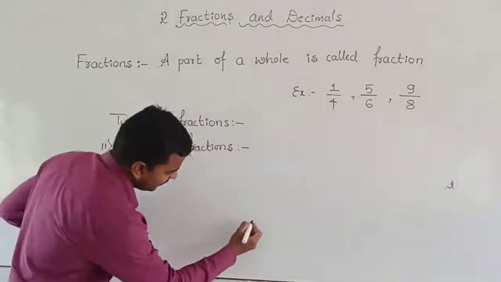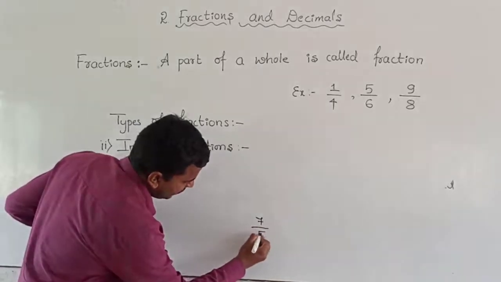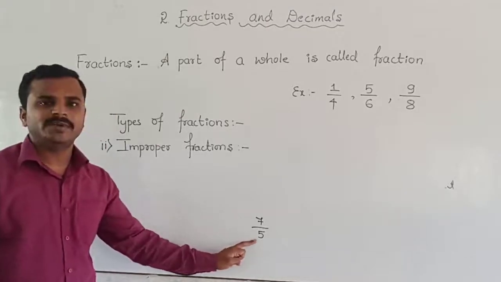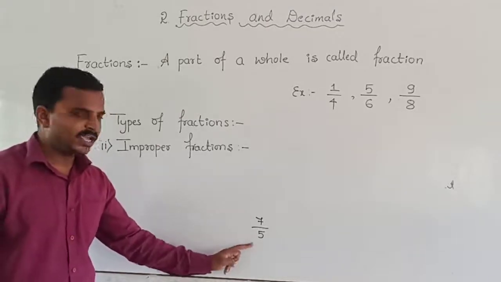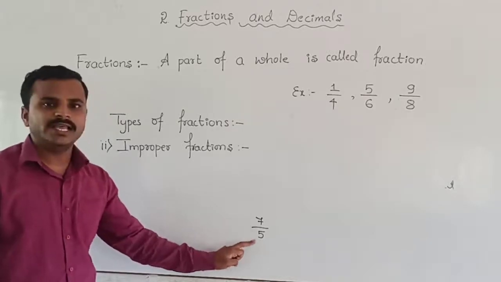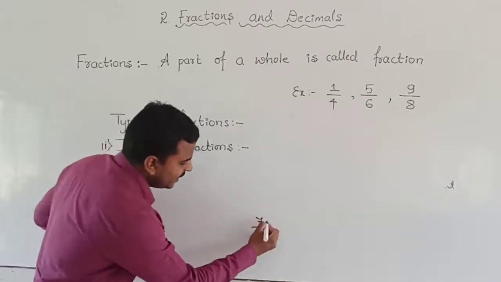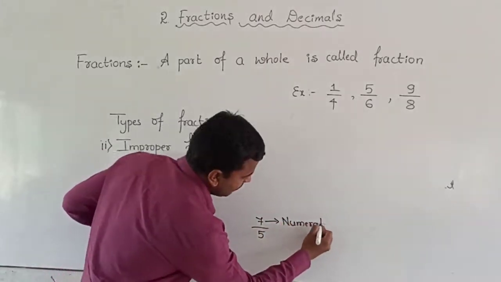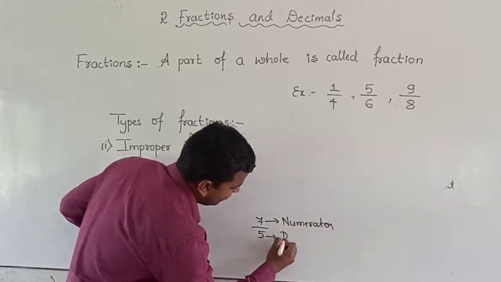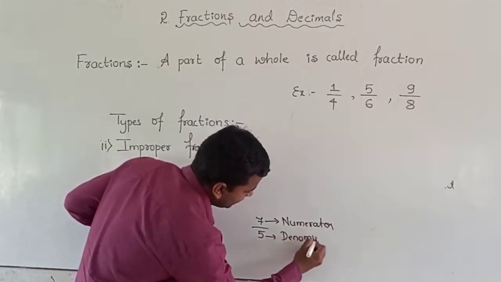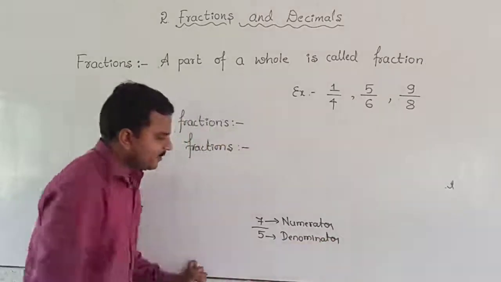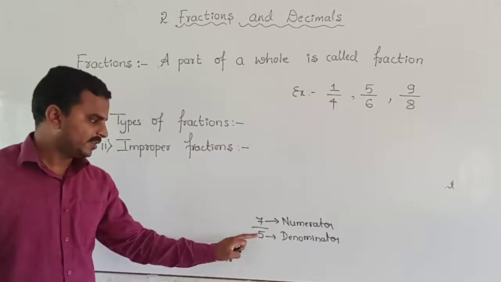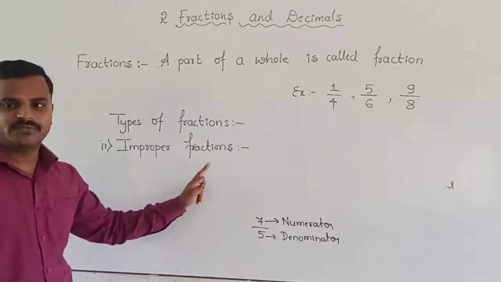See this example, 7 by 5. 7 is in the place of numerator and 5 is in the place of denominator. Which is the bigger one? 7 is the bigger and 5 is the smaller. That means this numerator is bigger than this denominator. This type of fractions are called improper fractions.